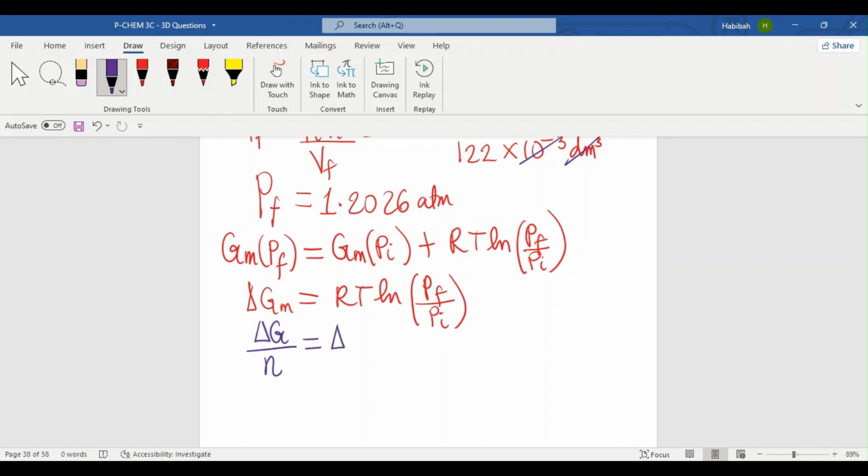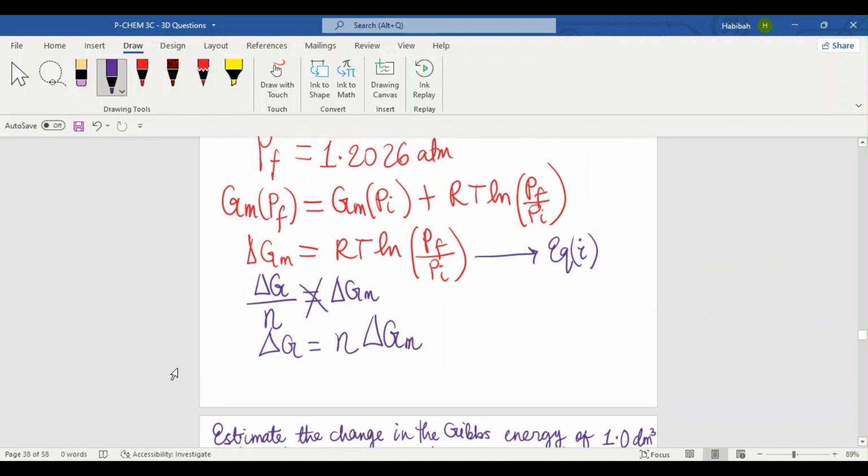So for you to get the change in Gibbs energy, you're going to have to cross multiply, and the change in Gibbs energy is going to be the number of moles times the change in molar Gibbs energy. So you're going to multiply this equation right here, let me call this equation 1, by the number of moles.